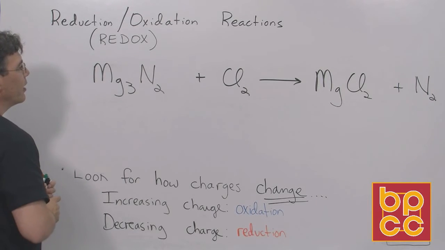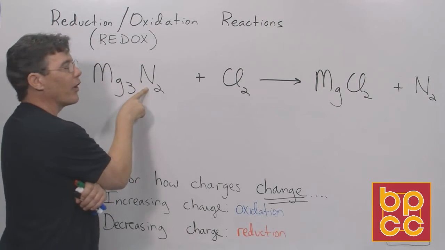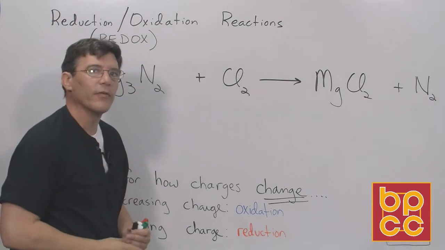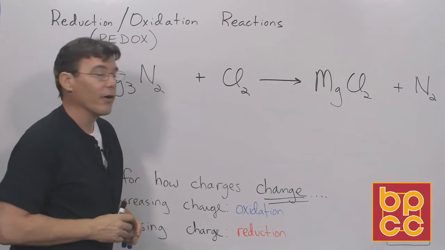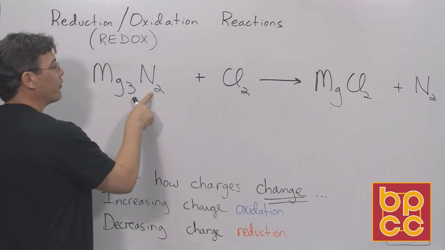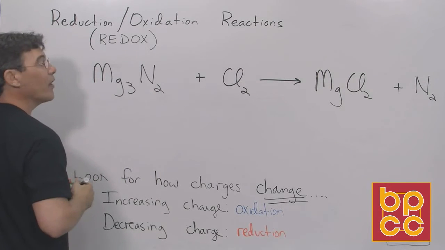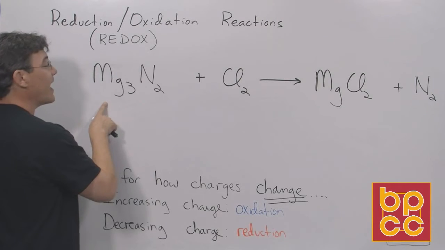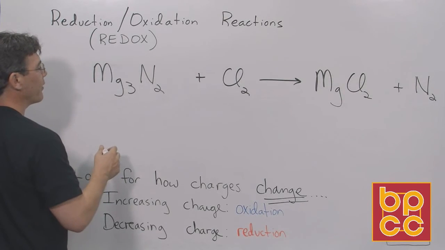Now everybody in my classes always wants to assign a charge to nitrogen because there's a whole laundry list of charge possibilities for nitrogen. That can be a little tricky though. So instead of trying to assign a charge right away to nitrogen, let's look at the magnesium here, which is an alkaline earth metal, which only has one possible charge listed on the periodic table.